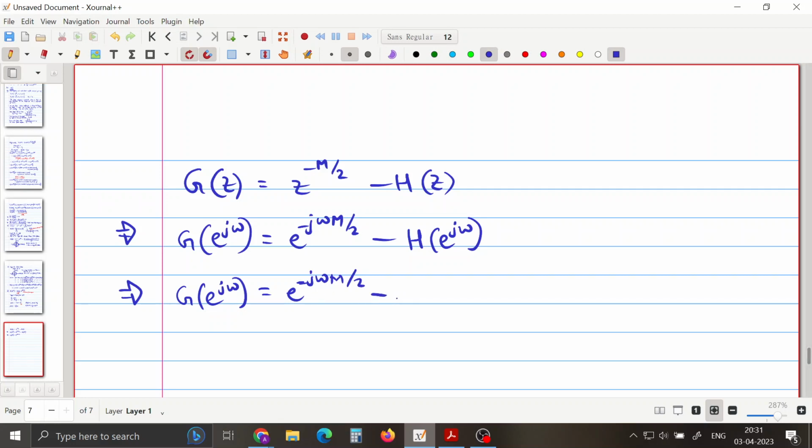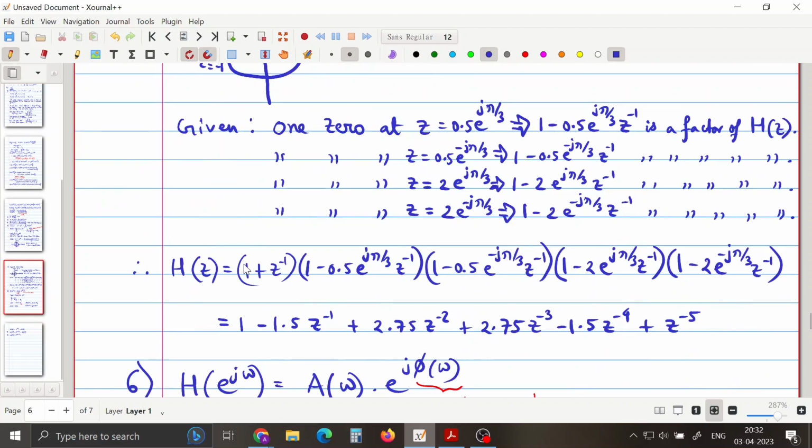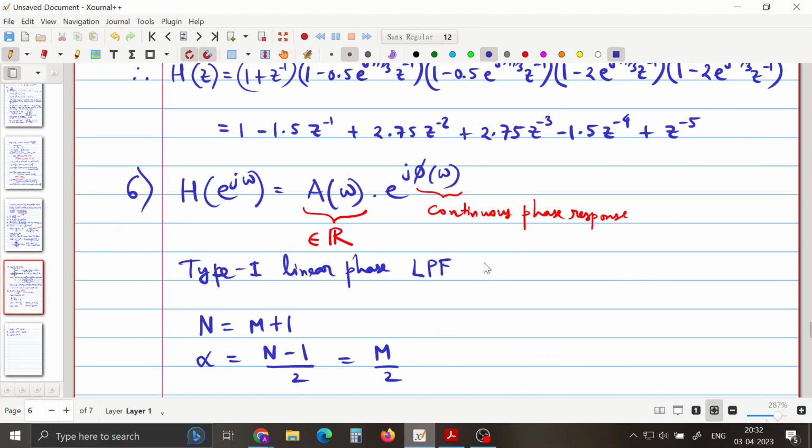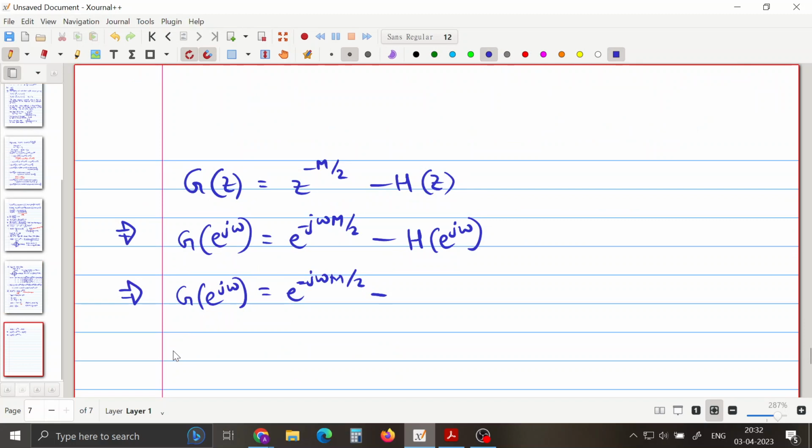And what is H of e power j omega? You remember in the starting we wrote this zero phase response A of omega times e power j continuous phase, this form. This is H of e power j omega, so we'll write it exactly like that.